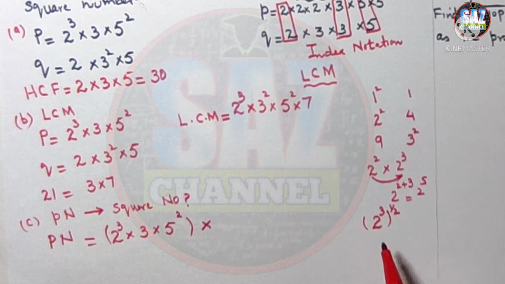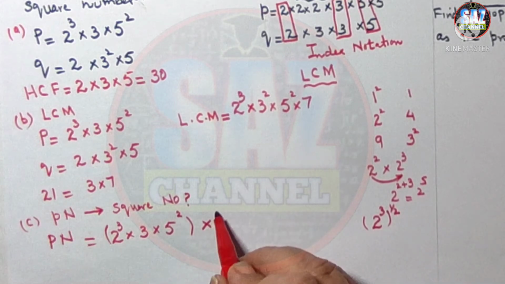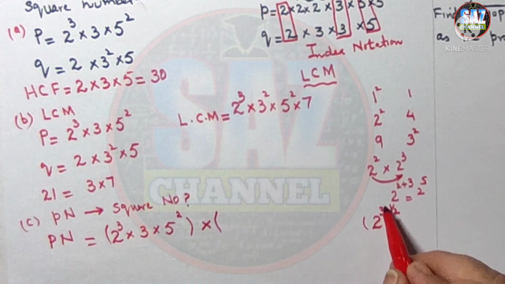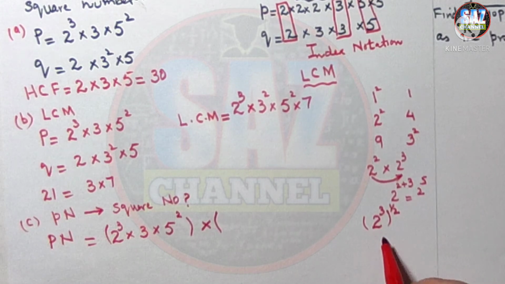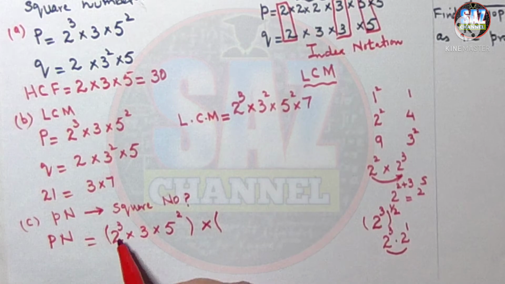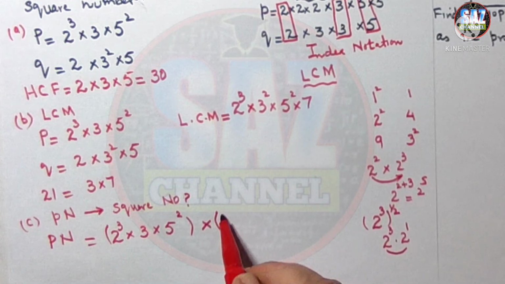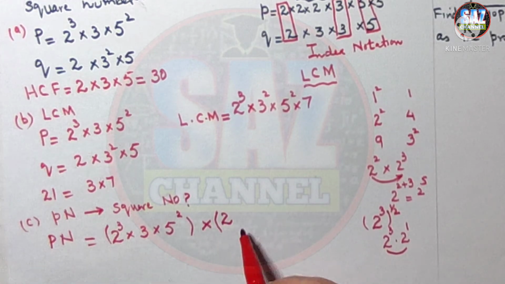So here I should have an even power. In order to make this power of 2 an even number, if I simply multiply this 2 raised to the power 3 by one more 2, it will become 2 raised to the power 4. So for 2, we are deficient by one 2 only.